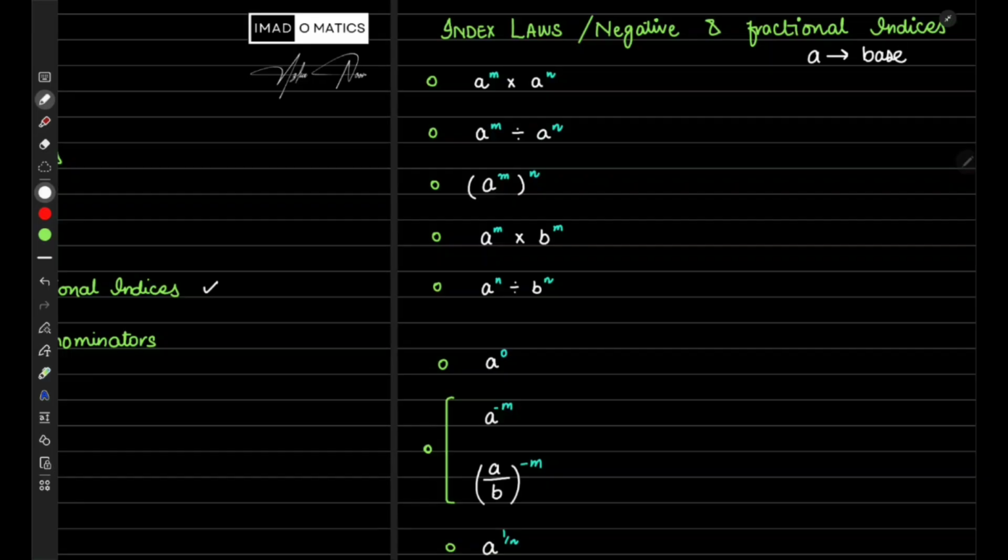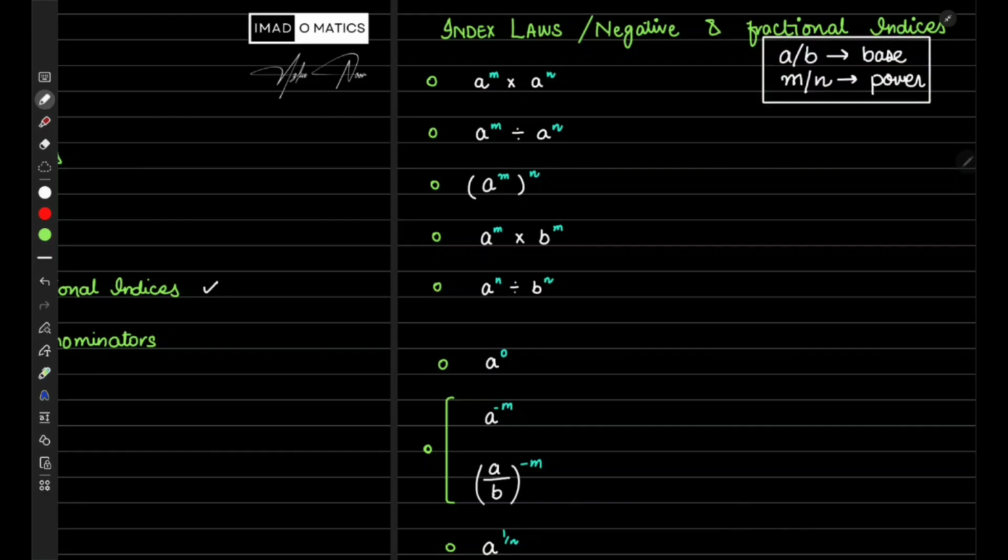Base means the one which has the superscript power. So a is your base, m is your power. We haven't used just a, we also have used a and b. So a and b represent your base, and m and n represent power in these laws.